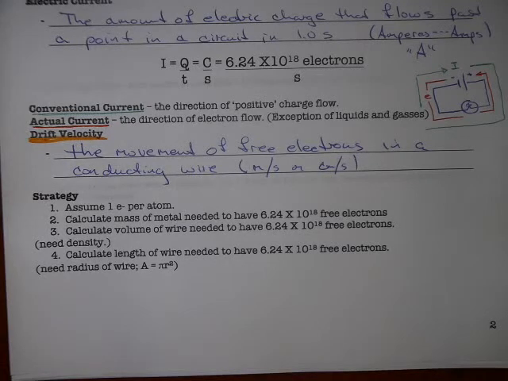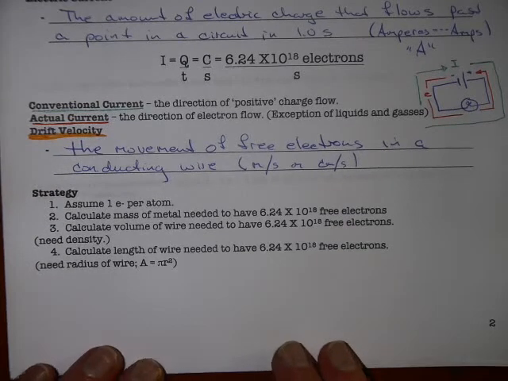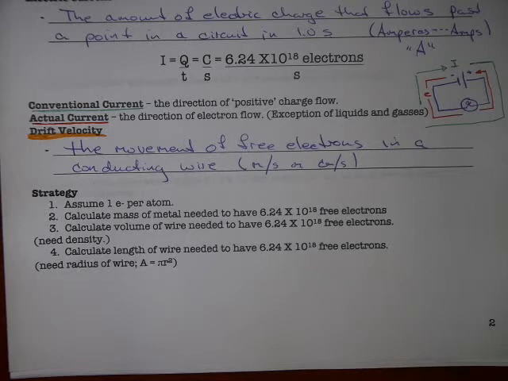So that's the first thing. The second thing is that we need to calculate the mass of metal needed to have 6.24 times 10 to the 18th free electrons. So we need to know the identity of the metal. Third thing is that we need to calculate the volume of the wire needed, and in order to do that, we have to know the density.